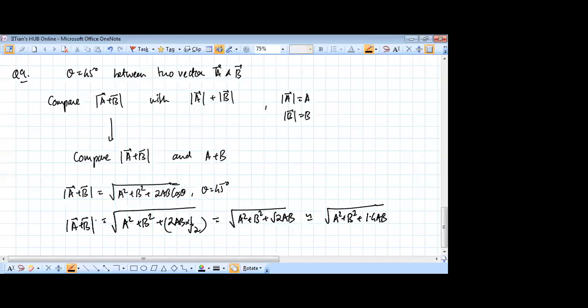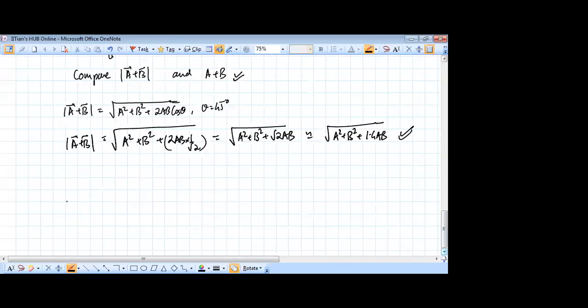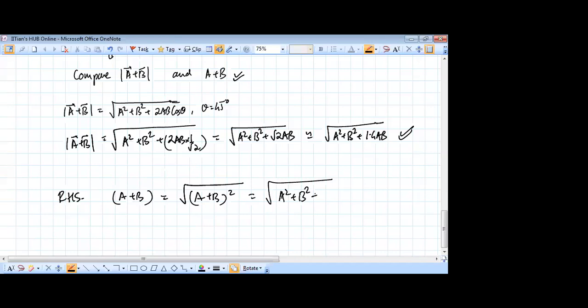So now when you want to compare this mod of A plus B, which is this value, with this value, okay. So you can see that in the comparison, the right hand side quantity, which is A plus B, can also be written as square root of A plus B whole square. So that is square root of A square plus B square plus 2AB. So now you see what is happening.